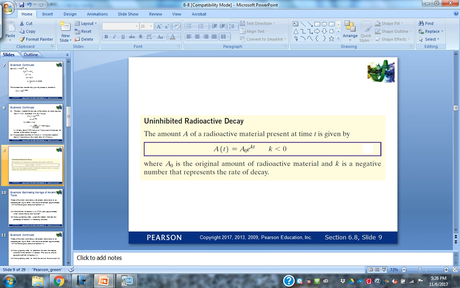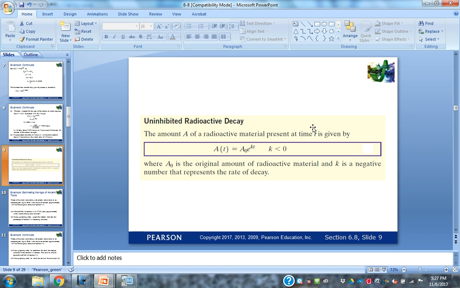The next slide, looking down through there, so flipping over. The decay, the only difference, guys, is that the k is a negative number on the exponent. That's what decay does. The cells die off at a certain rate, radioactive material.